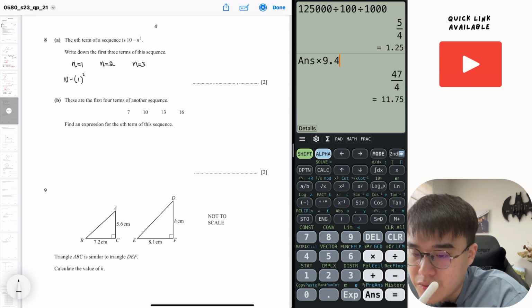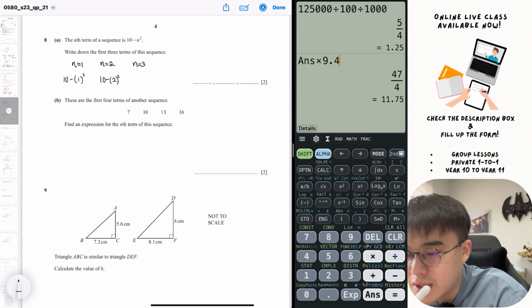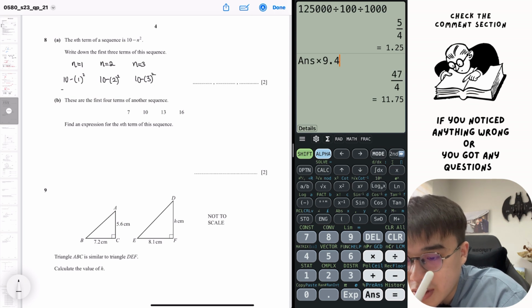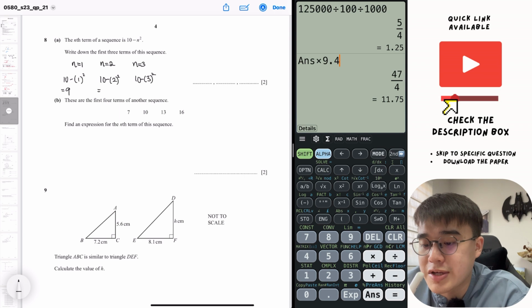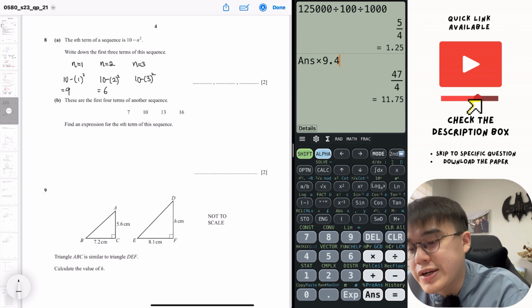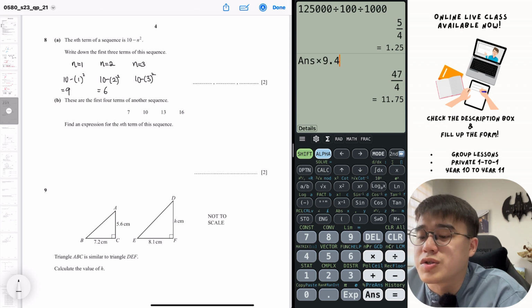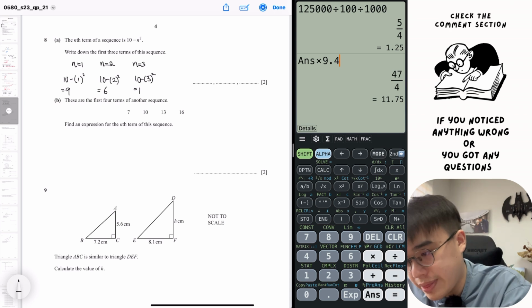So you need to key in them separately if you're using your calculator for this whole calculation. For me, if it's not too hard, I'll just calculate it in my mind. 2 square is 4, 10 minus 4 is 6. 3 square is 9, so 10 minus 9 is 1. So the first three terms here are 9, 6, and 1.